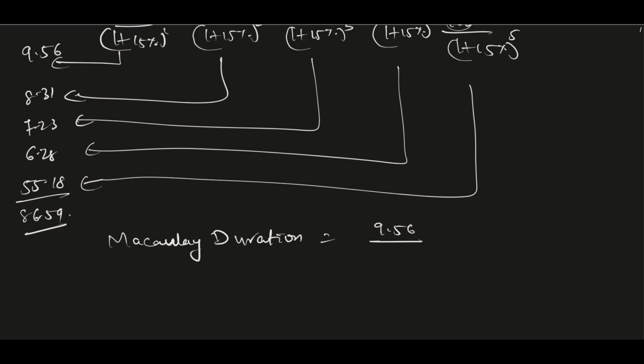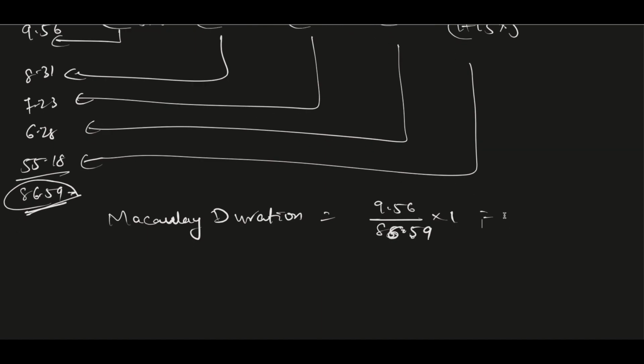The total cash flow is 86.59, into the number of periods of payment. This is the first period of payment. So 9.56 divided by 86.59 comes to 0.11.